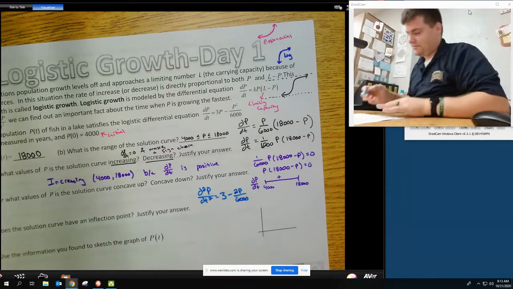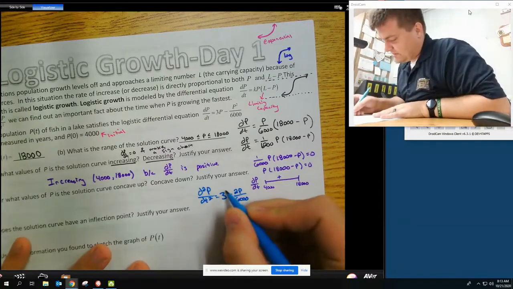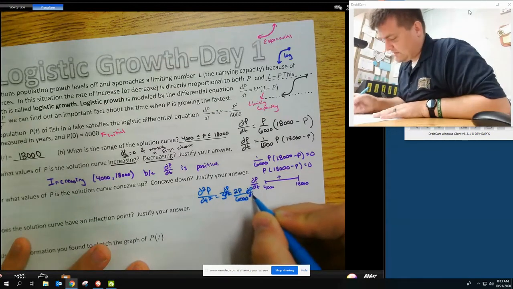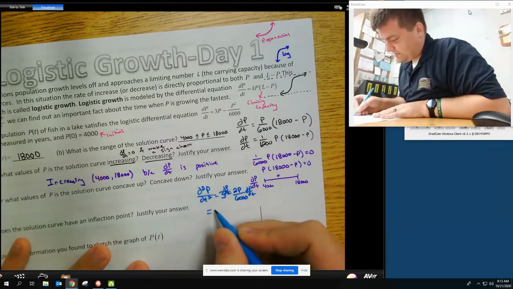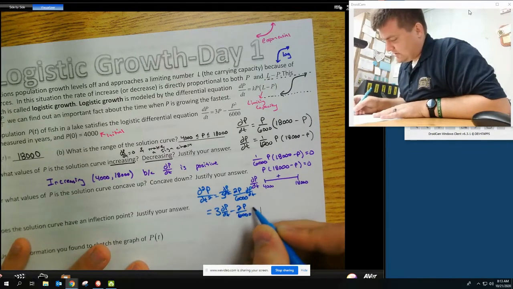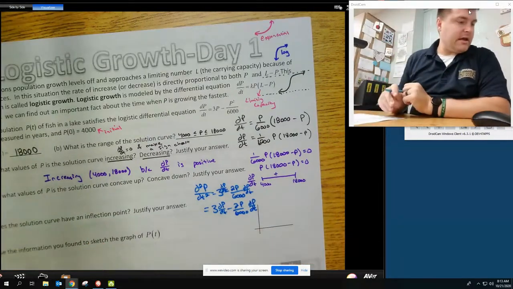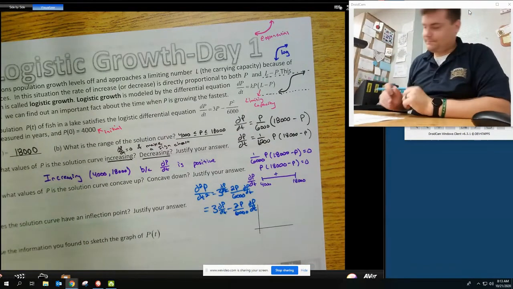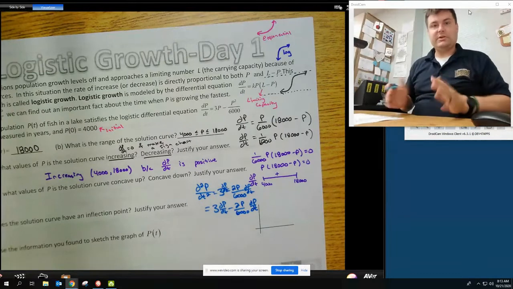I knew I was doing something wrong. This is actually dP/dt. So I'll write this nicer now: 3 dP/dt minus 2P over 6,000 dP/dt. Okay, and I'm going to clean this up a little bit.